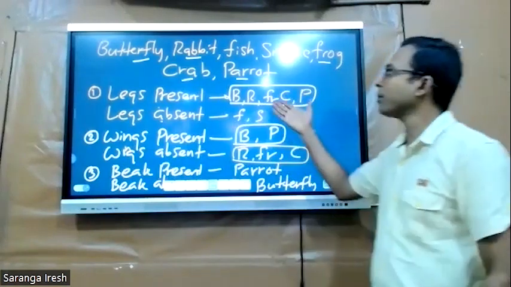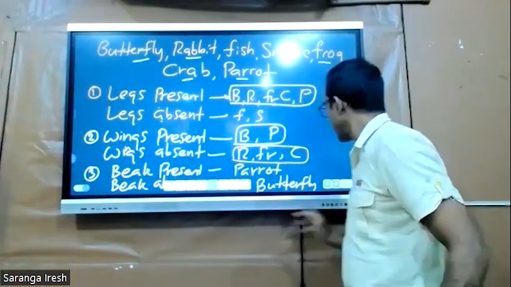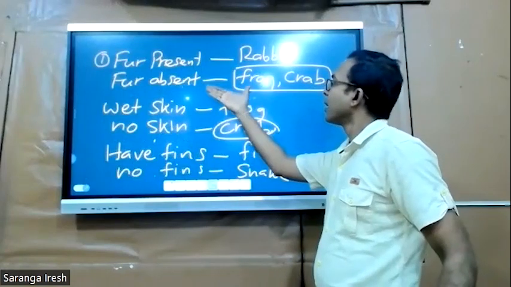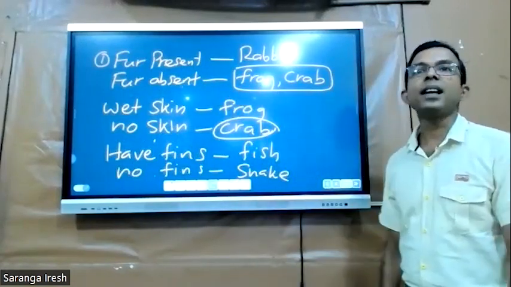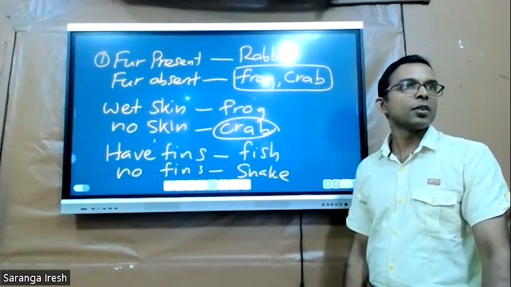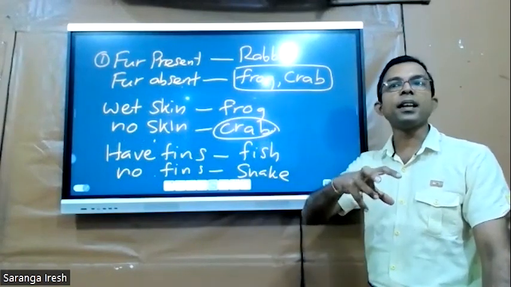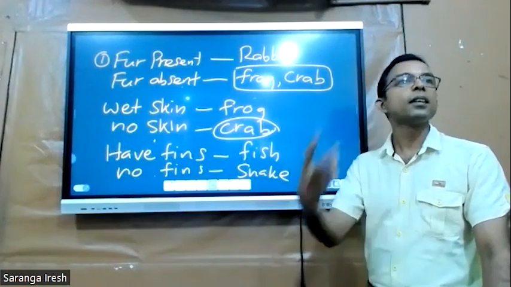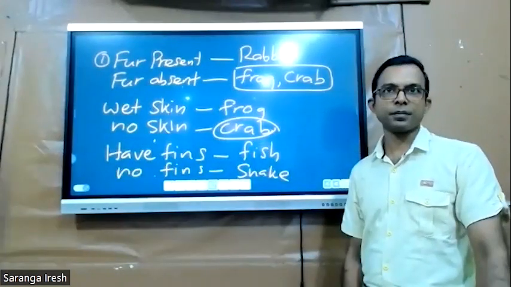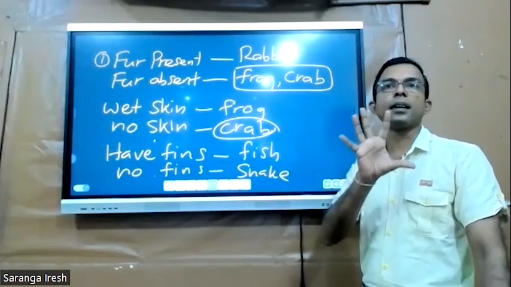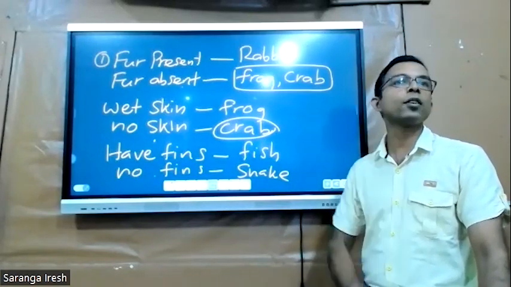So using different characteristic features, finally we identified the organisms individually. That is the reason for using this dichotomous key.